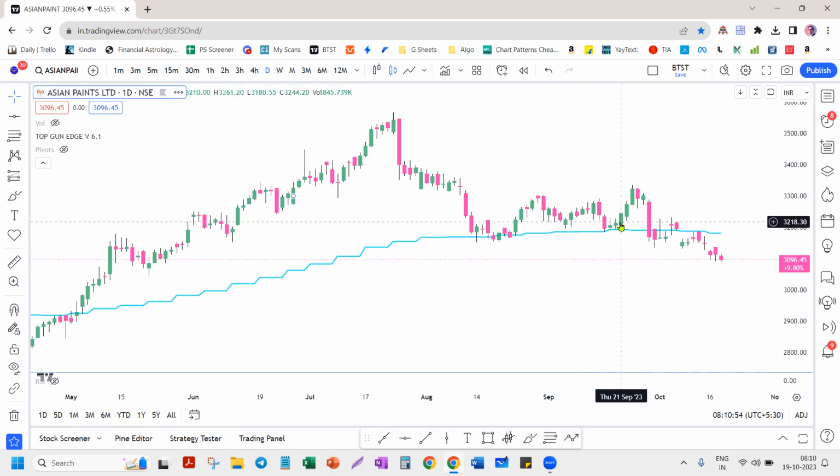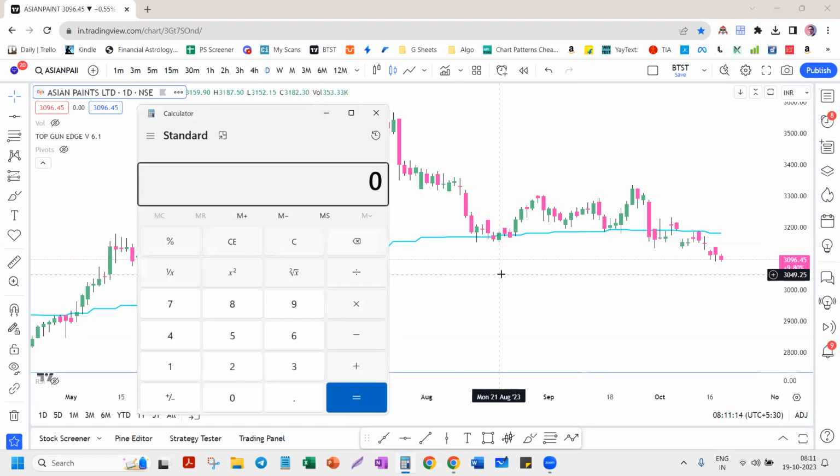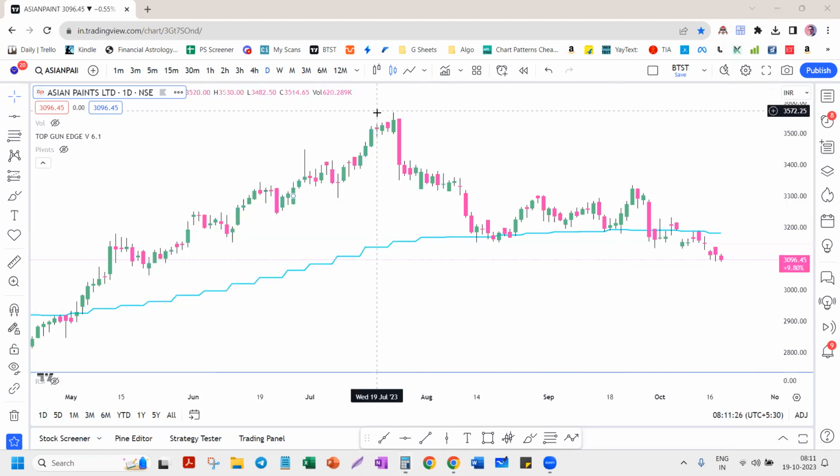So when you are trading, it is not possible for people to enter this candle because they wait for the next day. So you will enter on this candle. So 3192 and 3265 already is a big difference, right? So if you calculate 3265 minus 3192, you already got 73 rupees just by doing a sniper trade.